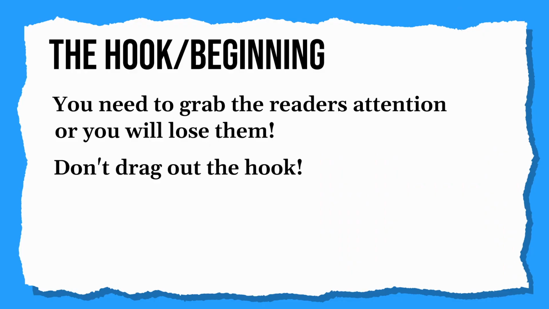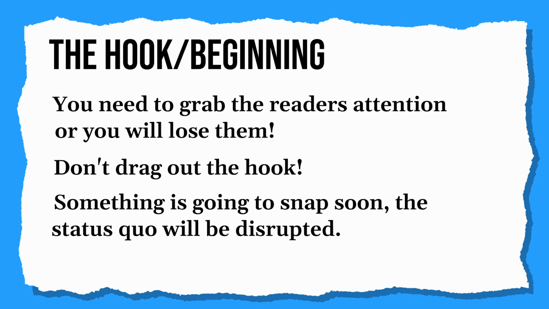While it's good to grab the reader's attention, it's important that you move on from the hook as soon as you can. You can have a couple scenes in between each plot point to add more substance to the first act. The hook sets up the status quo. However, your readers are smart enough to know that at some point something is going to snap, and that is going to come very soon.